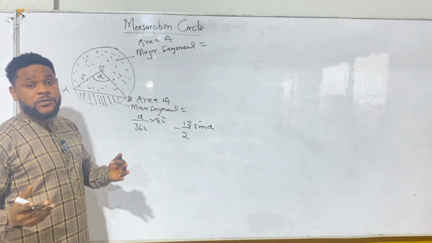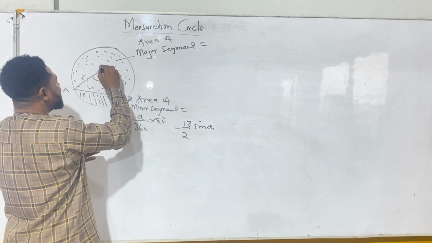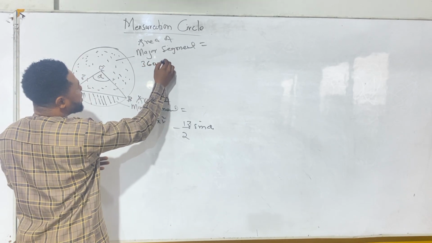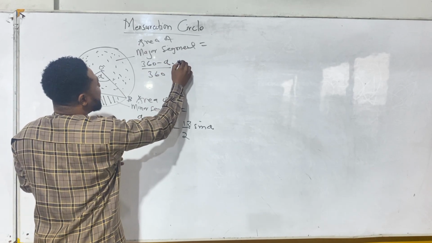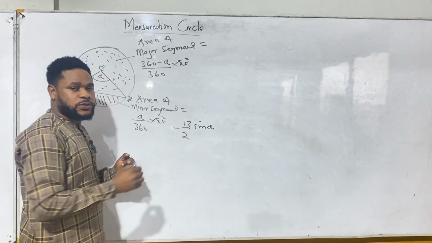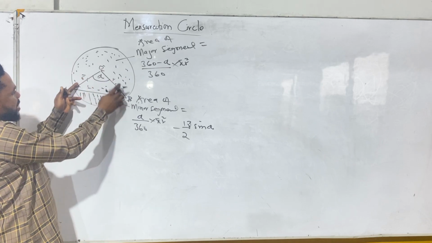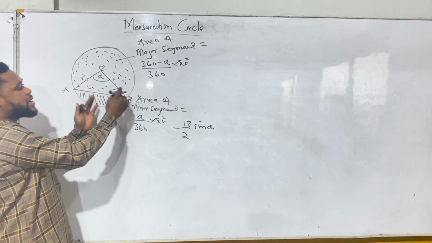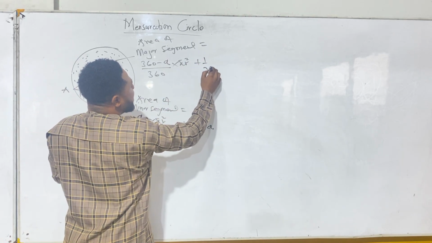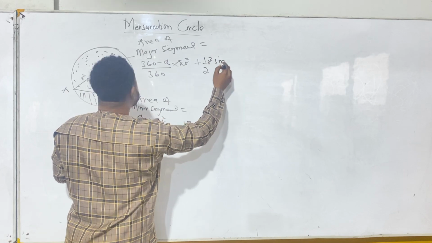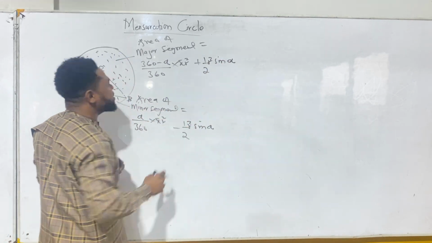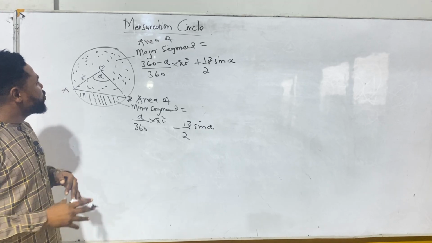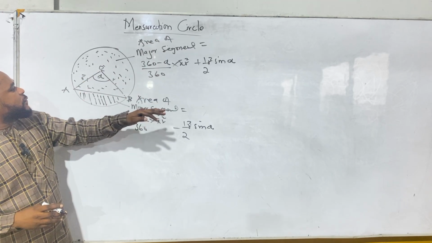And what is the formula for the area of the major sector? The formula is 360 minus alpha, all over 360, multiplying pi r squared. Plus the area of the triangle that we can see. So plus half r squared sine alpha.